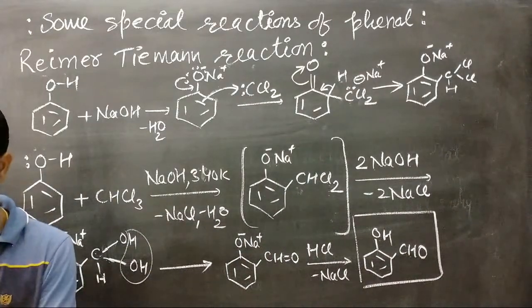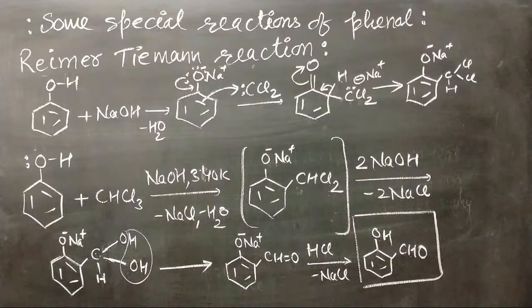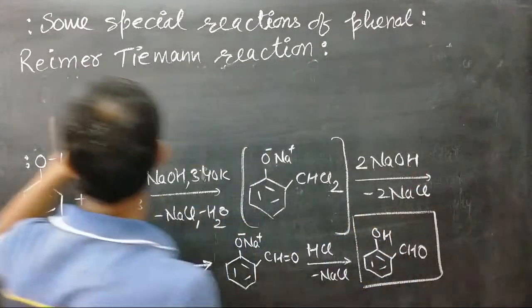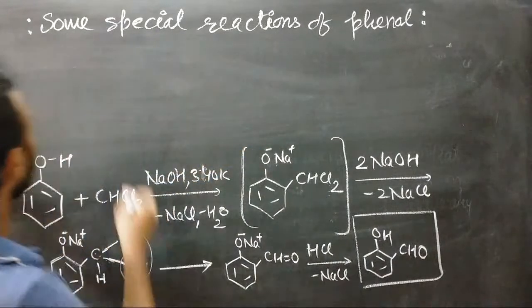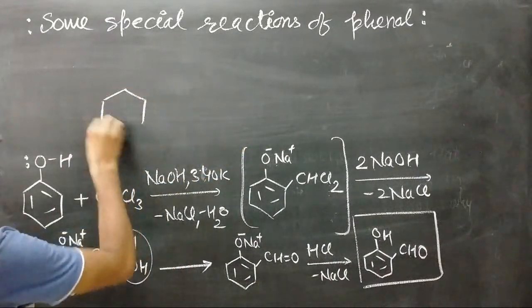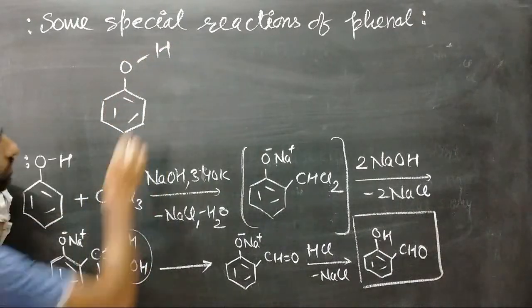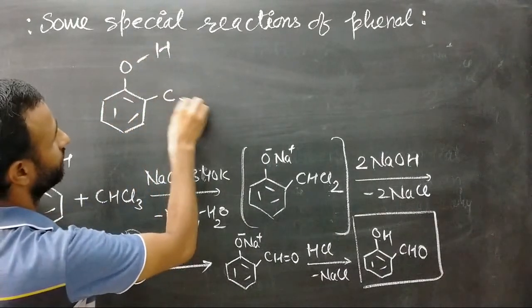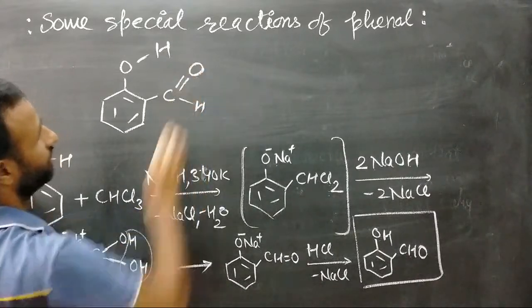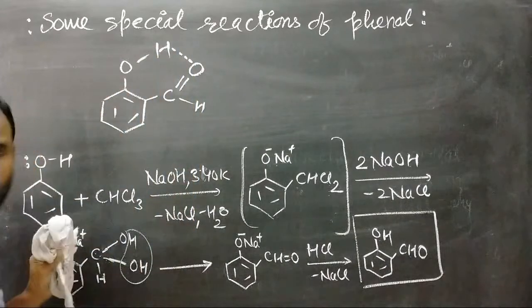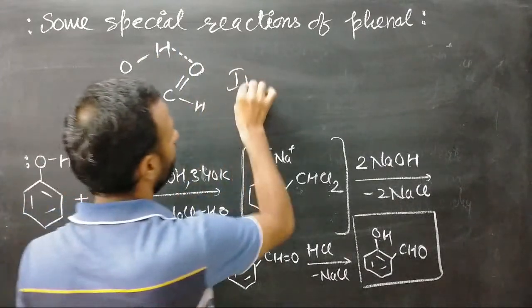Okay, great, no doubt. Okay, so a small amount of para isomer is also formed. Okay, so why is ortho the major product? Because you can say that this is phenol and this is CHO, so they form intramolecular hydrogen bonding.